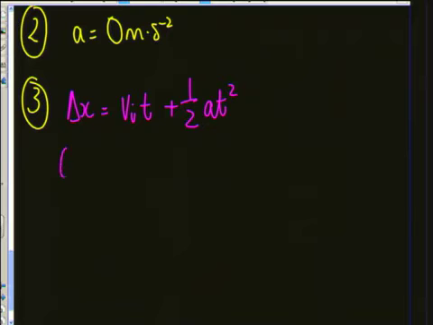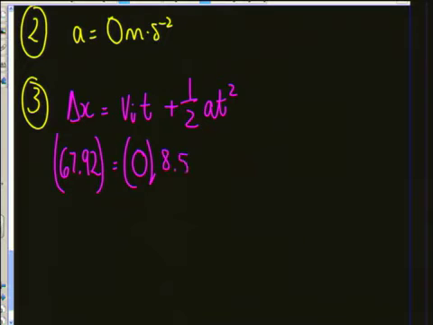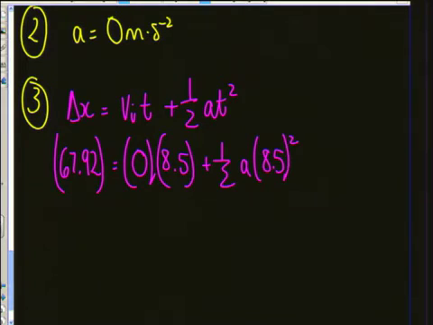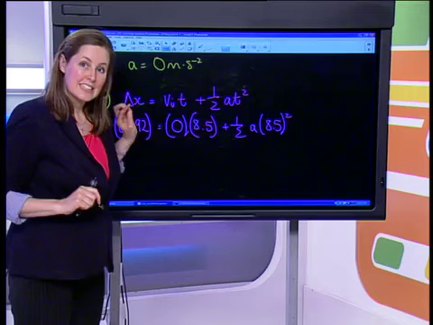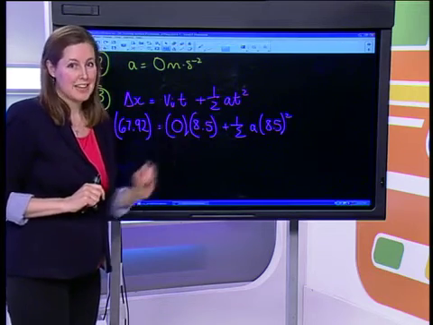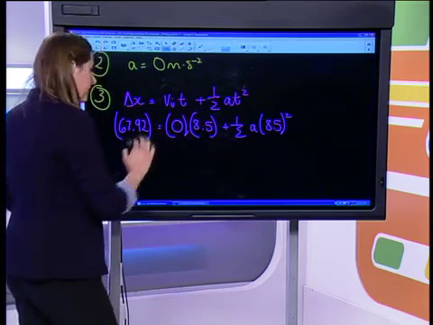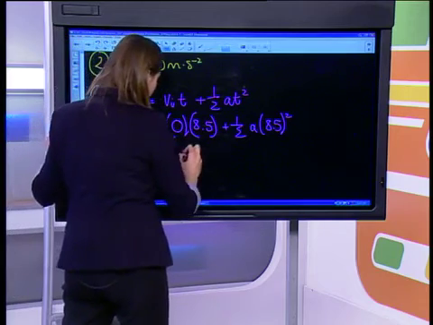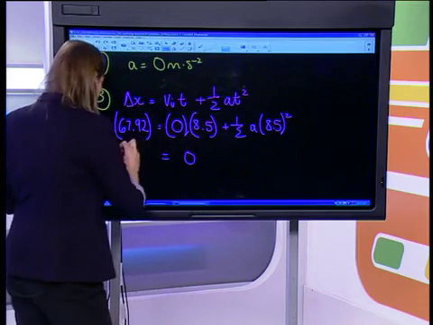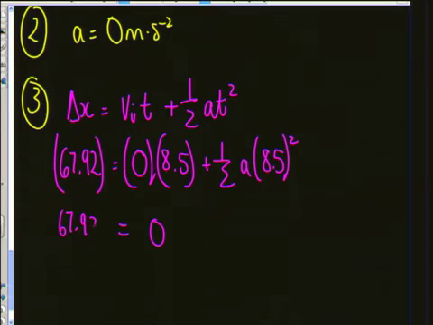So substituting in, 67.92 is equal to VI was 0 times 8.5 plus a half A 8.5 squared. Once again, substitute, because you will be able to get marks for all those substitutions. This whole term is going to come to naught because anything multiplied by 0 would be 0.